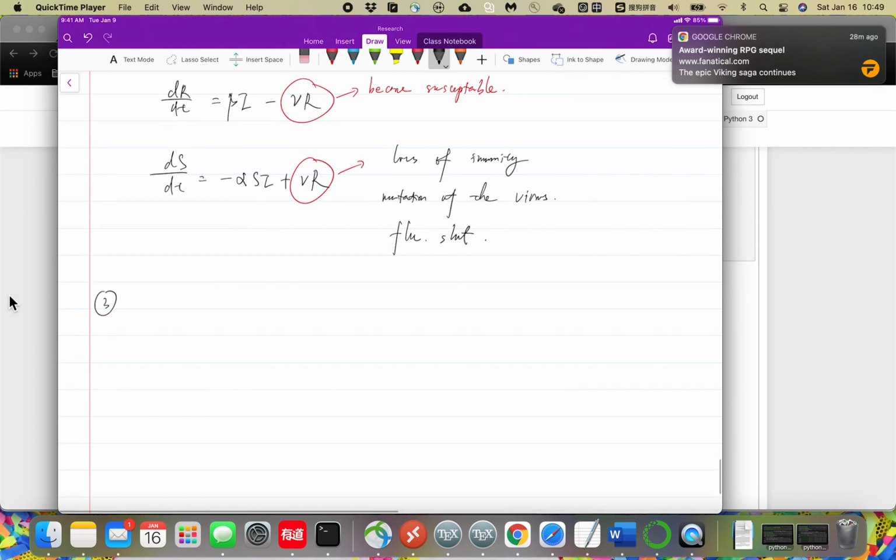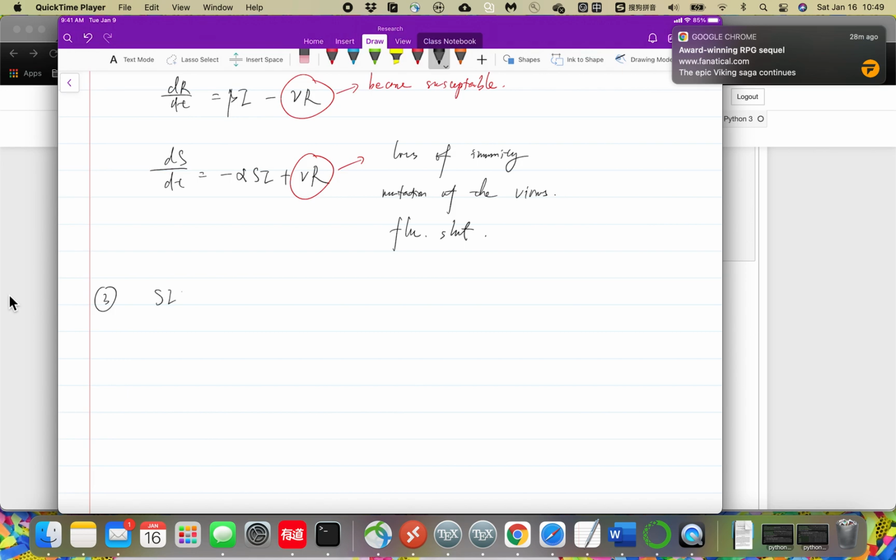Number 3, we can have the SEIR model. So we add one more phase to the whole thing. Here E stands for exposed. We can have some people exposed to the virus for a considerable amount of time without being identified as infected.